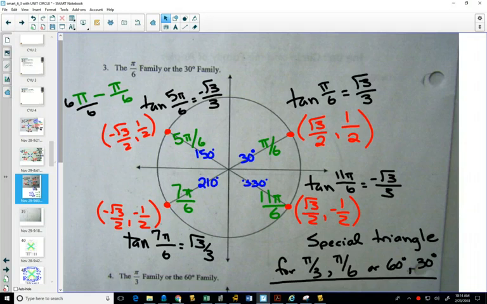Yes. Okay, Sam, pick someone for cos of 7 pi over 6. Lauren. Negative root 3 over 2, just your x coordinate right there. Perfect. Pick someone for cos of 270 degrees. Haley.